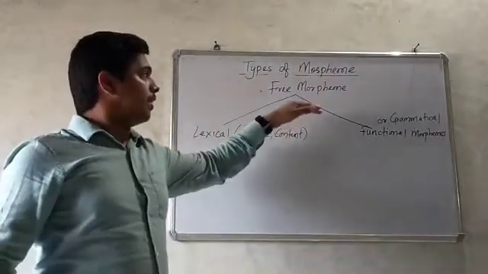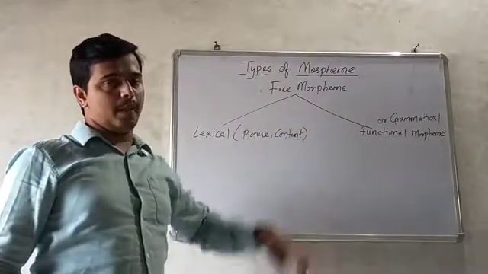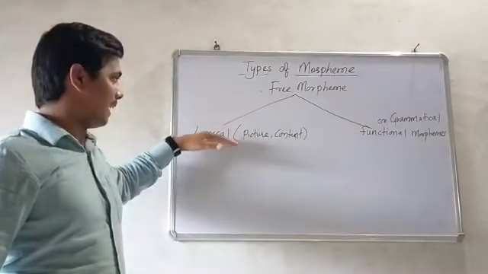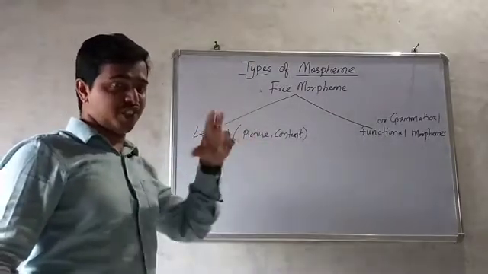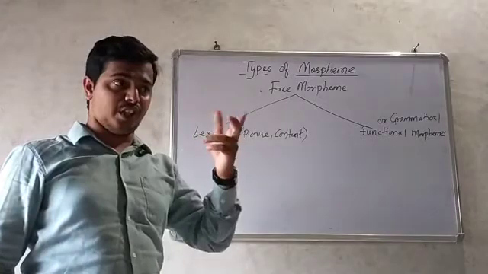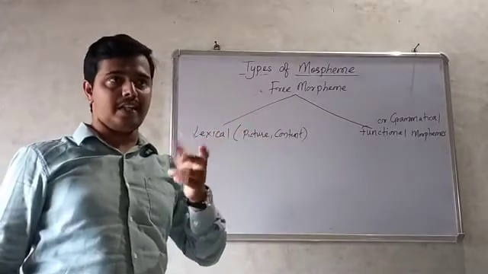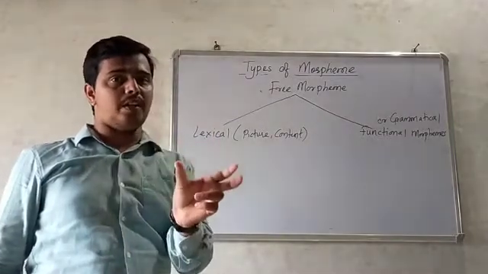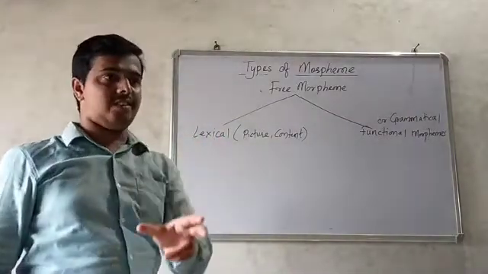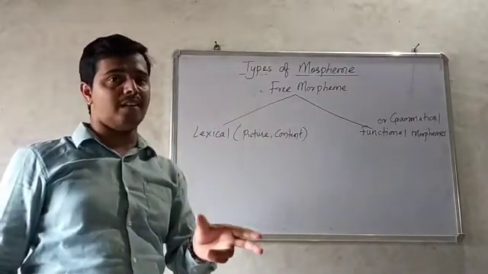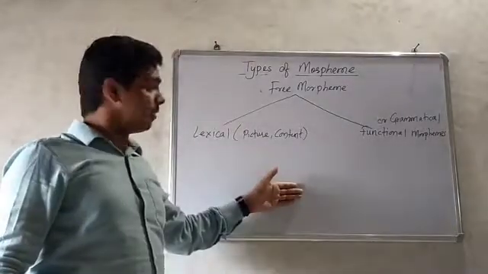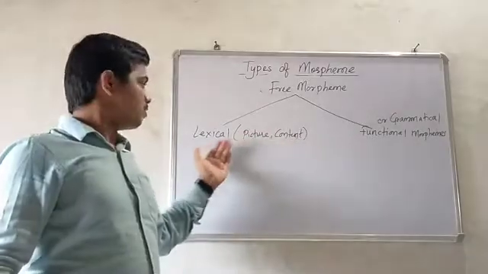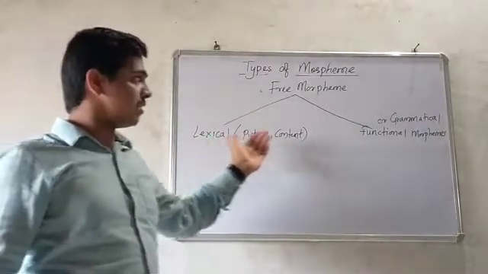So free morphemes have been divided into 2 types. One is lexical morphemes. Lexical includes picture, like table, chair. If I say table, suddenly the image of a table comes in front of your eyes. Even chair, mobile, this whiteboard. So the picture, content, that includes lexical morphemes.